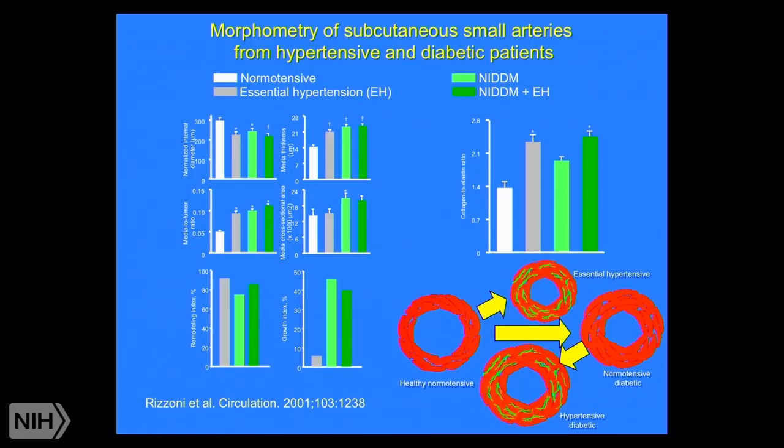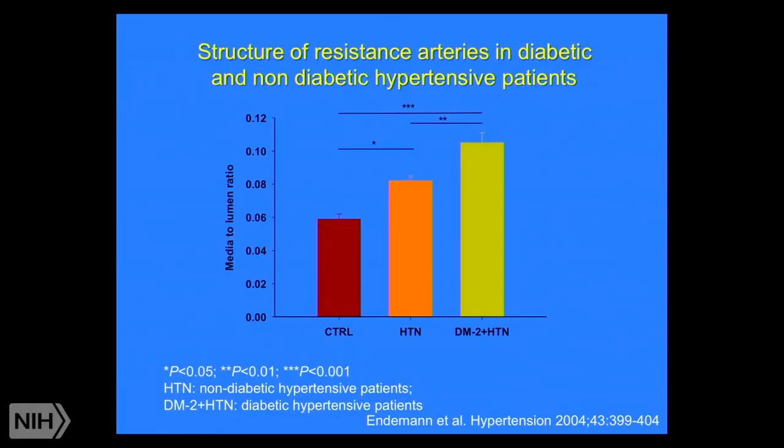Now, in diabetes, the vasculature is in fact inflamed. And not only is there inflammation, but the remodeling and hypertrophy are exaggerated.